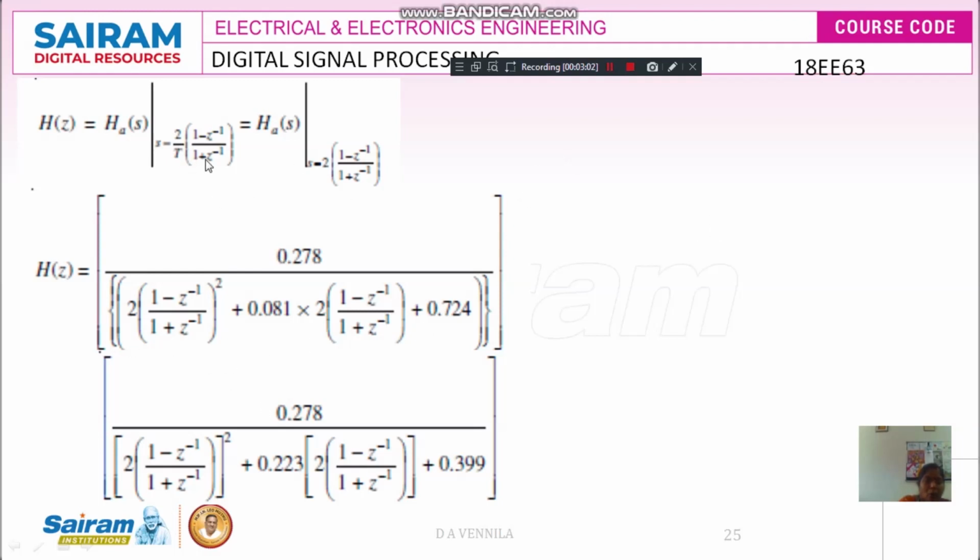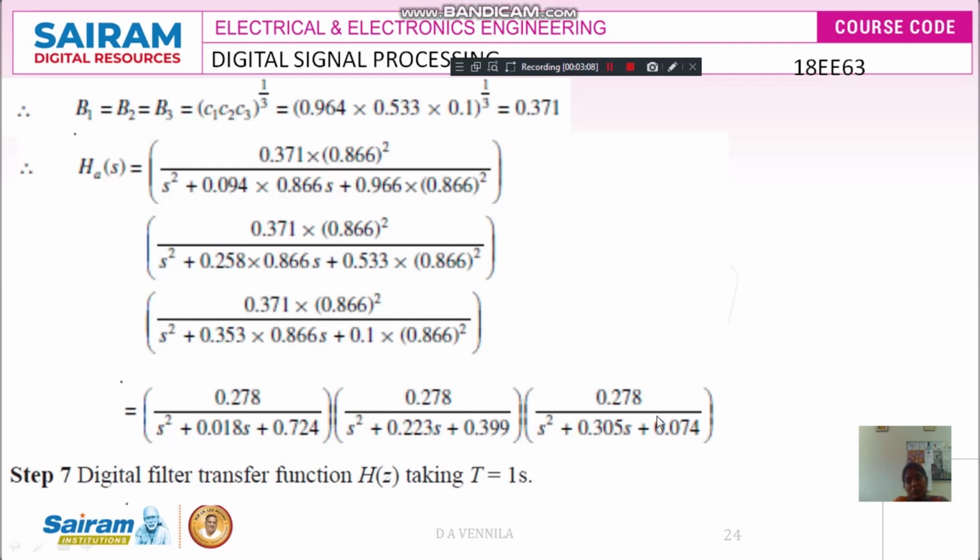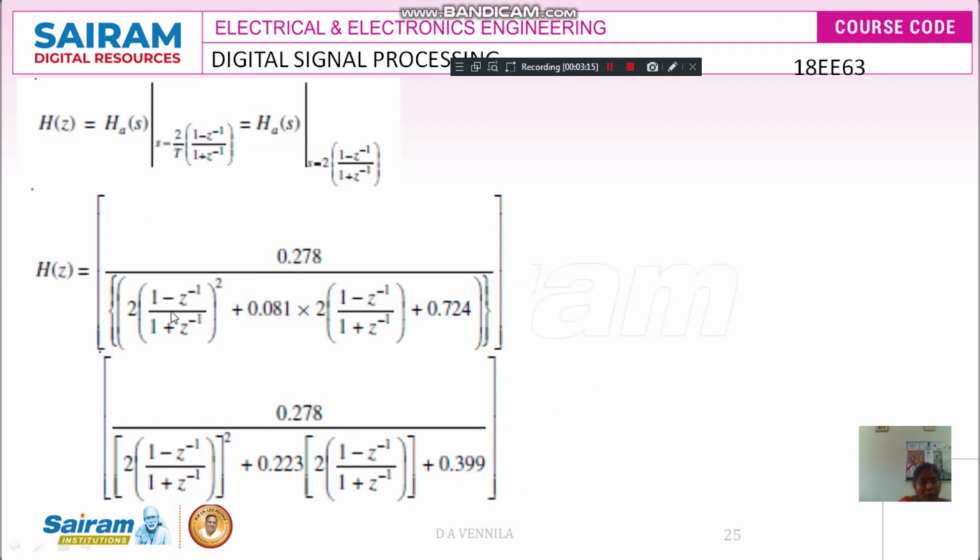Now I'm going to take the LCM. All three equations need s substituted. Taking this equation alone: 2 into 1 minus z inverse divided by 1 plus z inverse, whole square, plus 0.081 into 2 into 1 minus z inverse divided by 1 plus z inverse, plus 0.724. I'm going to take the LCM. This gives 2 square, 1 minus z power minus 1 whole square, divided by 1 plus z power minus 1 whole square.